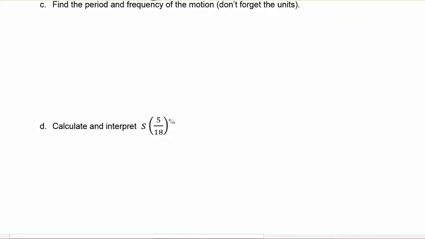In part C, we have to find the period and the frequency of the motion and make sure that we indicate the units. We know that period is defined to be 2 pi over omega, and in this problem we know that omega is 3 pi, so the period is 2/3, and we actually figured this out earlier.